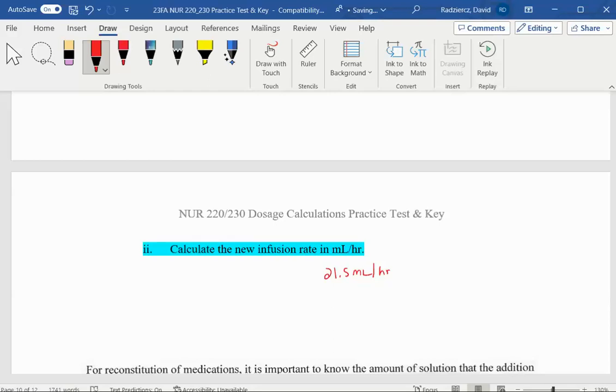Remember to round to your nearest tenth. And if you want me to double check your work, you can just email me. All I need to know is the weight that you used, and then I will confirm, or I can let you know and give you feedback that you answered it correctly. So you can always email me that if you'd like.